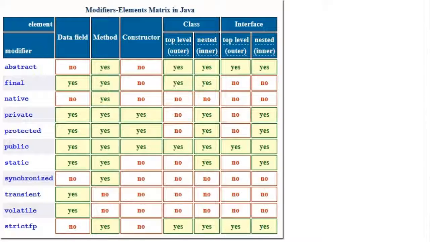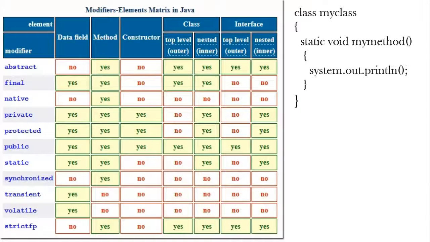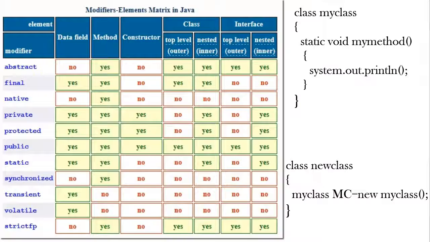If your data field is static, it means that it will allocate static memory in your hardware, and if your method is a static method, then it will be called when the object of its class is initiated. It means that here is a class, and the method is a static method. It will be called when the object of this class is created.